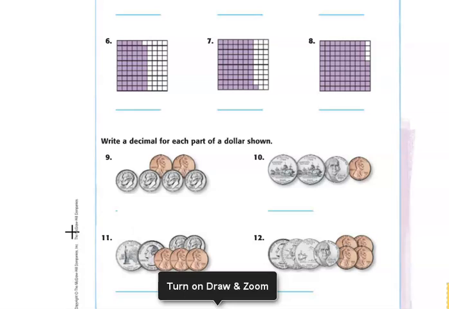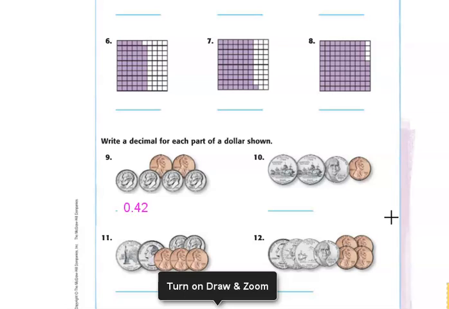So in my text box I have no dollars, I have 4 dimes, and then I have 1, 2 pennies. So 42 hundredths is how that one would be written. 4 dimes makes 4 tenths, 2 pennies makes 2 hundredths.